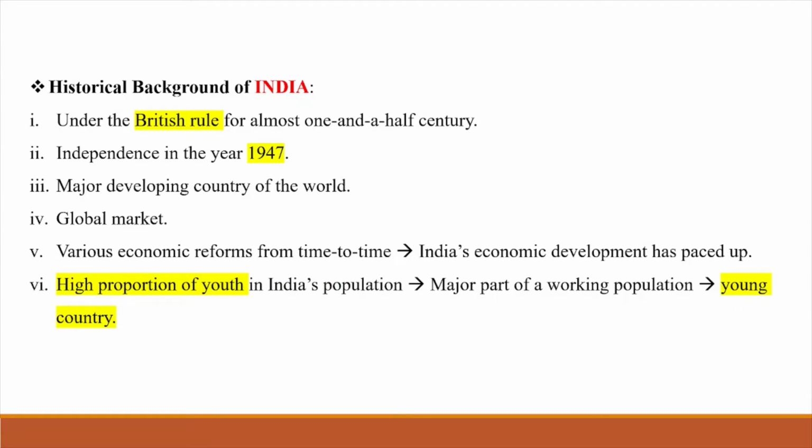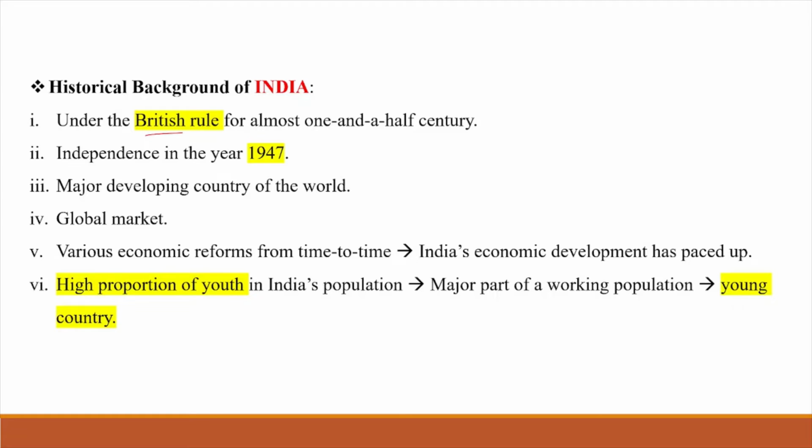Now they mention a few historical background of India. We know that India was under the British rule. It was a colony of the Britishers, and we got our independence in 1947. Soon after we got independence, the first struggle that India had to face was to develop its economy. Since we were under British rule, our economy was handled by them.